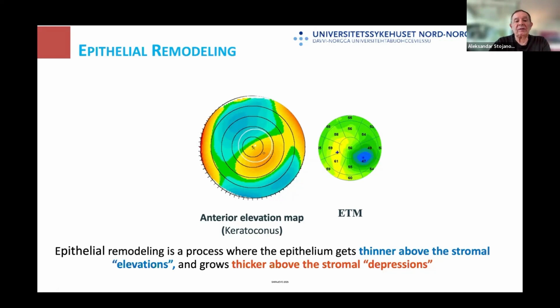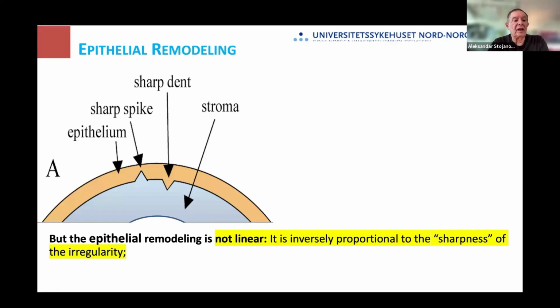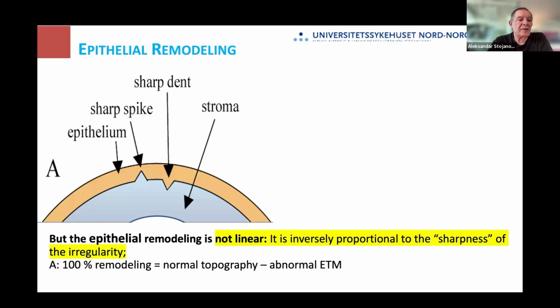But another thing that not everybody is considering, but which is very important, is that epithelial remodeling is not linear. It is inversely proportional to the sharpness of the irregularities. So the more irregular the cornea, the more epithelial remodeling will happen. In this case, in figure A, we have sharp dents and sharp spikes, and the epithelium has been stimulated to remodel the irregularities 100%.